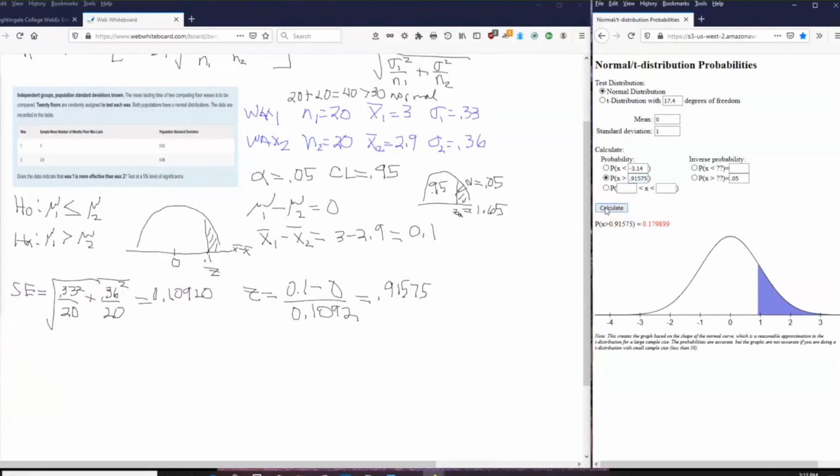We'll just put it all in. Okay, so then I'm going to have the probability that x is greater than 0.91575. That's going to give me a p-value of 0.1799.